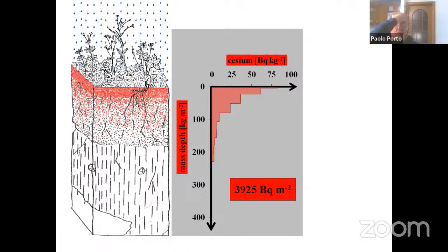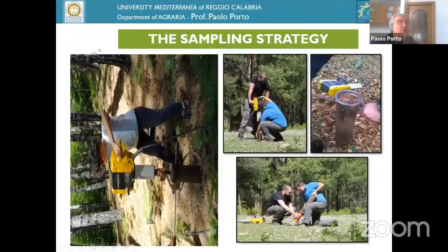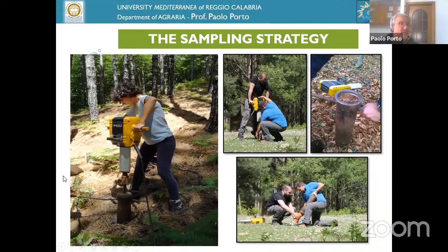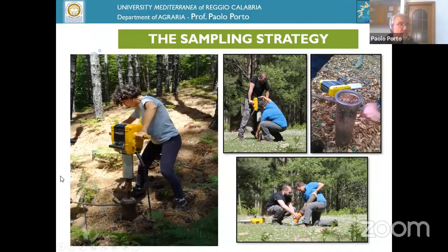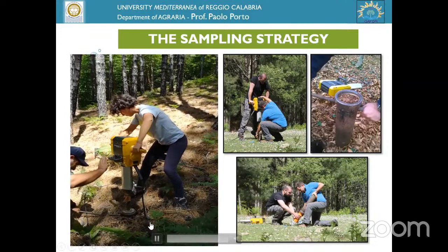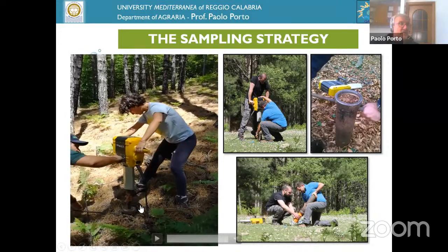So how can we obtain a profile like this? We need to sample soils, and in order to sample soils, we need a core like this. I don't know if the movie, can you see the movie? Yes, we can. Okay, so we can use this drill with this kind of tube core, into which there is a plastic tube, a plastic pipe.